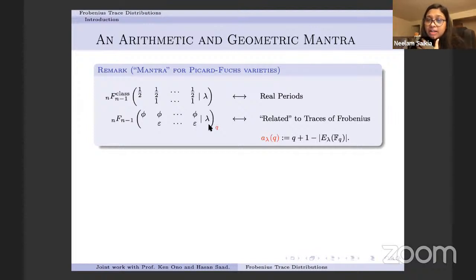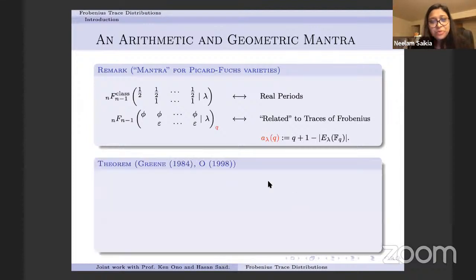Then in this finite field case, this function is somehow related to the traces of Frobenius of an elliptic curve. So this is the mantra we are going to play: whenever there is a real period, we obtain a similar kind of result in the finite field setting. And this mantra is not always true, we do not always get this kind of result, but somehow in our work it plays an important role.